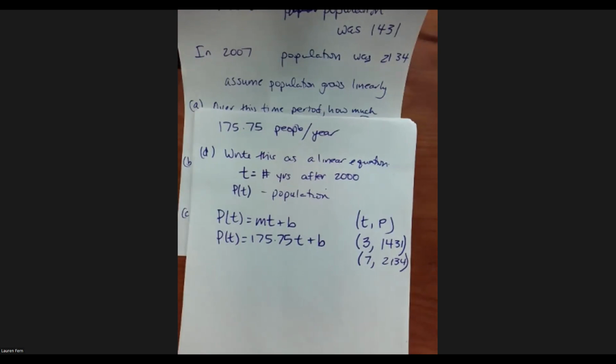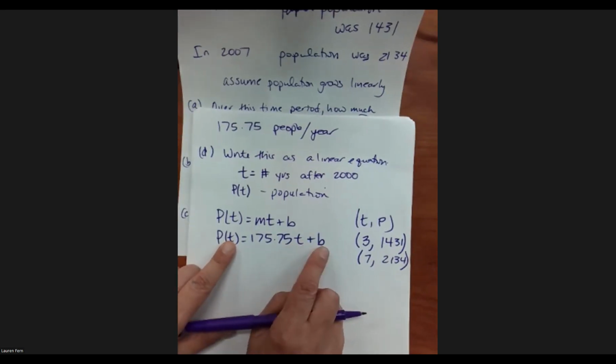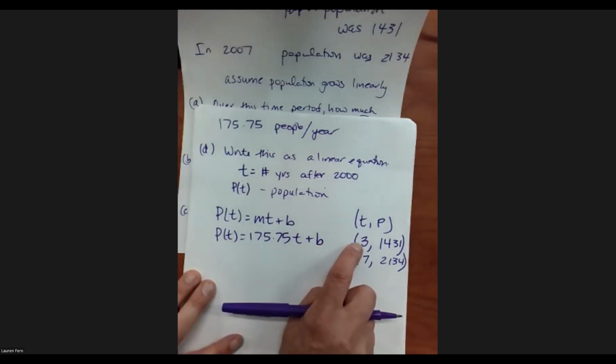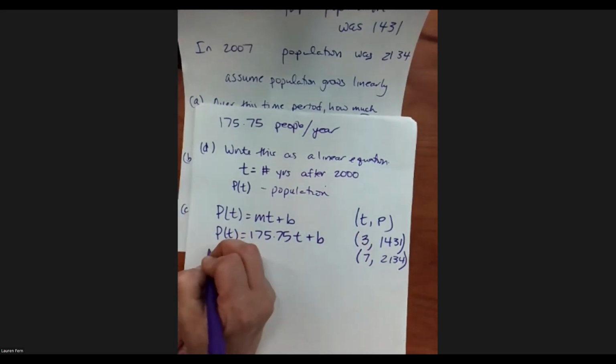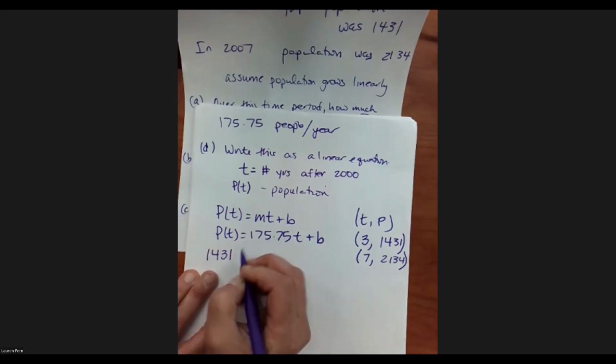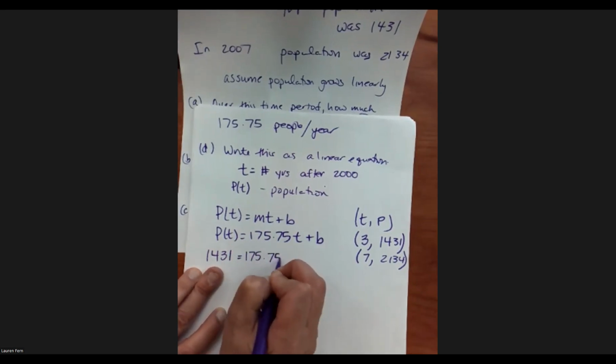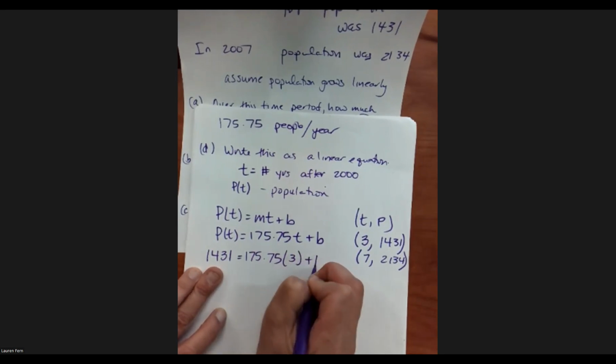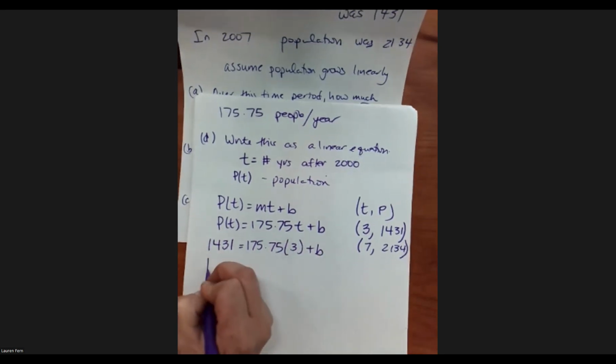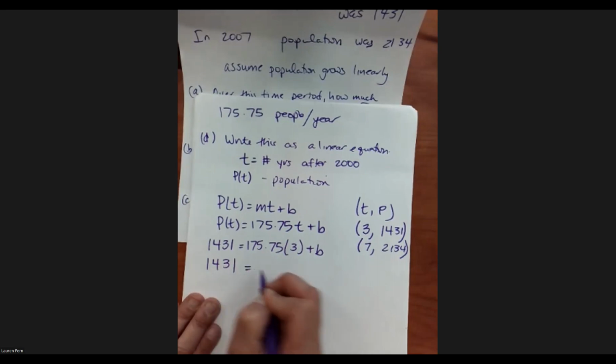So what I'm going to do is randomly take one of these ordered pairs and plug it in and solve for B. I'll just take this one for really no good reason. So I know my population is 1,431 when T is 3. So we get 1431.